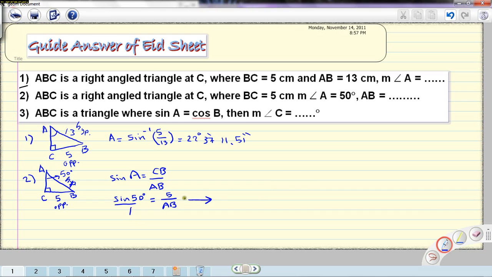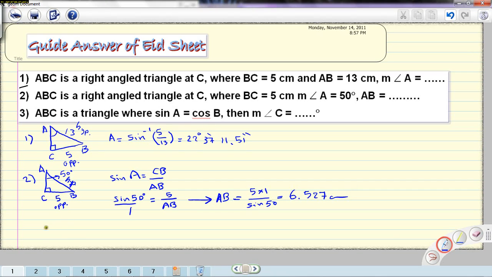I'm gonna use cross multiplication to get AB. So AB will equal 5 times 1 over sine 50. Most students get sine 50 first, then do this operation, but I don't have a calculator now. The final answer will be 6.527 centimeters. Approximately, it's 6.5.